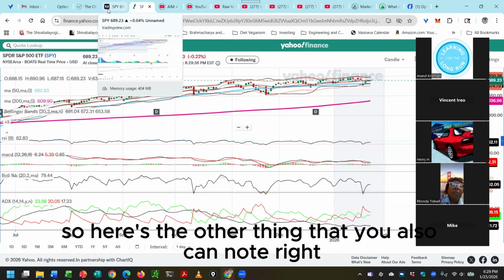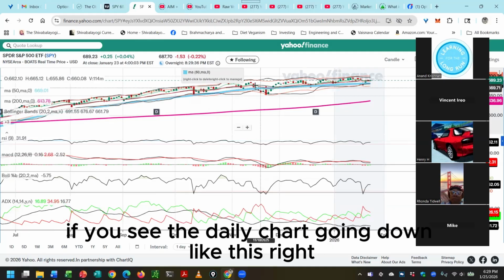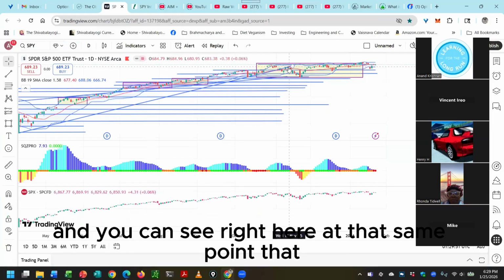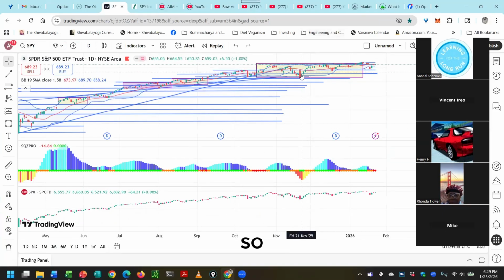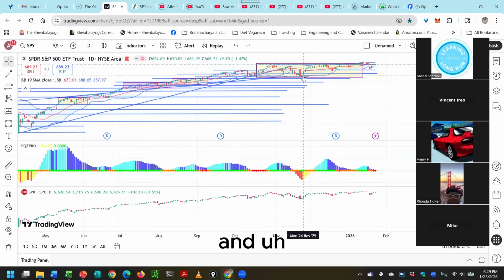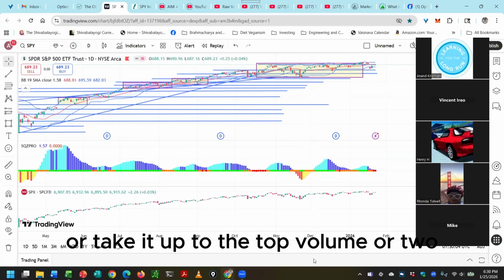So here's the other thing that you also can note. If you see the daily chart going down like this, you can also check the squeeze, and you can see right here at that same point that the squeeze turned from red to yellow. So you could actually buy when it turns to yellow and take it up to the mean or take it up to the top Bollinger too.